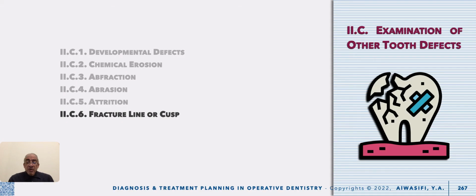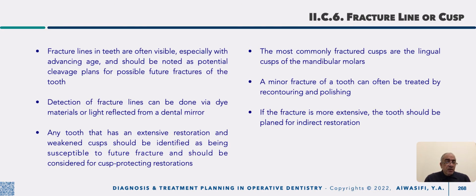Finally, fracture lines or cusp fracture lines are often visible, especially with advanced aging, due to increased hardness of enamel. That's why you may note crazed lines in your enamel surface. It's common due to this.